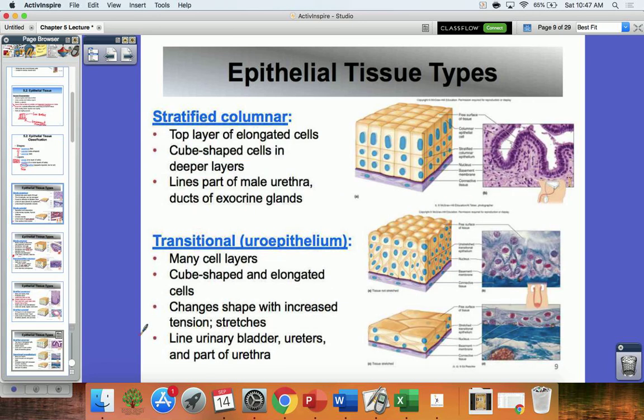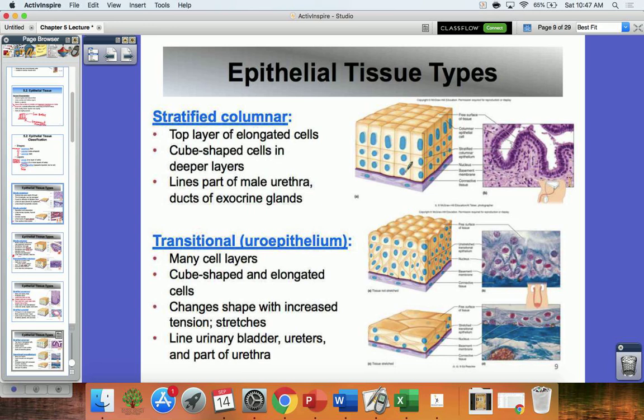The next, stratified columnar. Again, stratified means that we have multiple layers, column-shaped cells, but this is very similar to stratified squamous, whereas those deeper cells are actually more cube-shaped.